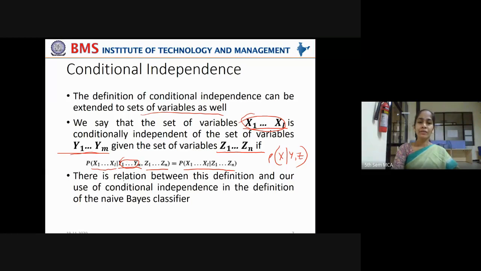Okay. So there is a relation between this definition and our use of conditional independence in the definition of the naive-Bayes classifier. Did you understand? In the naive-Bayes classifier, we use the posterior probability of H given the training examples. It means for a hypothesis to become more probable, it depends on the training examples that are provided.